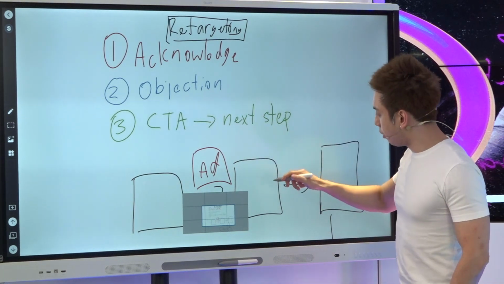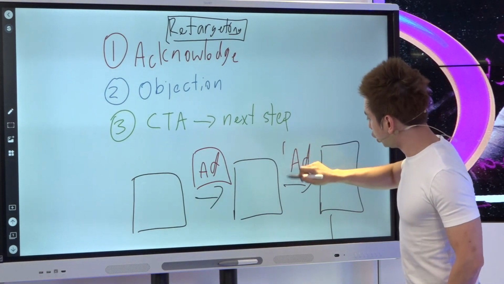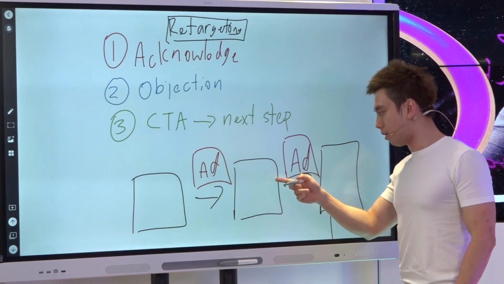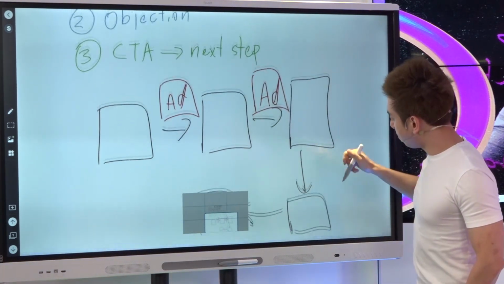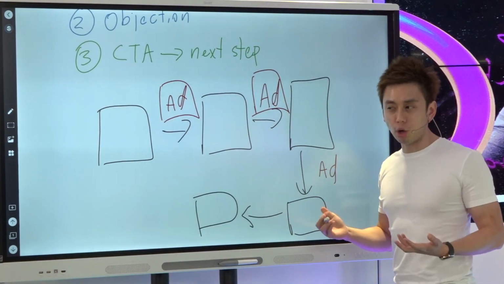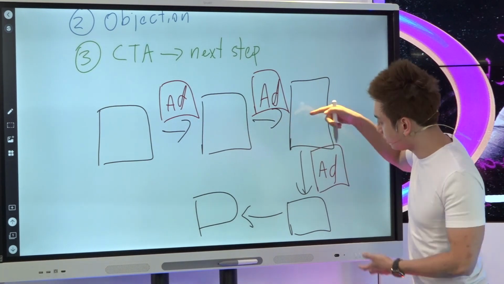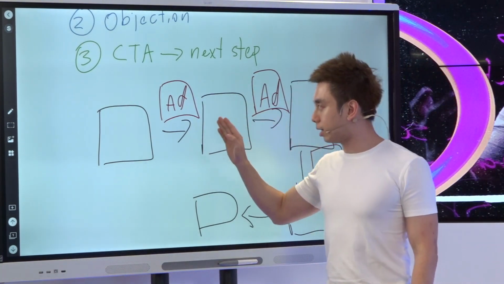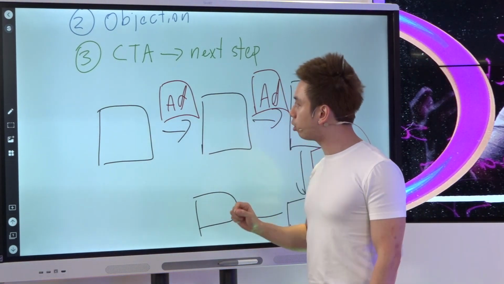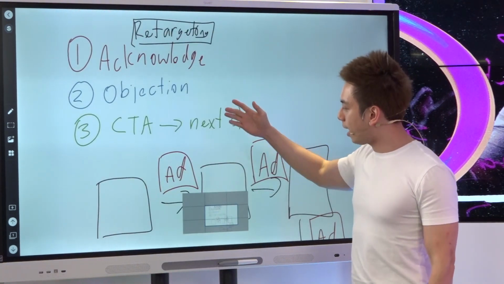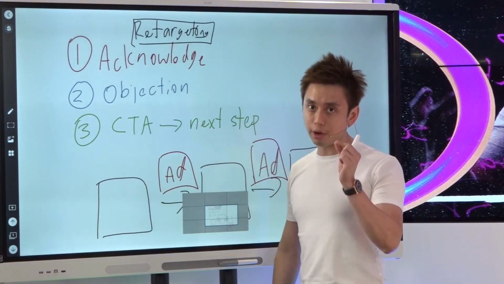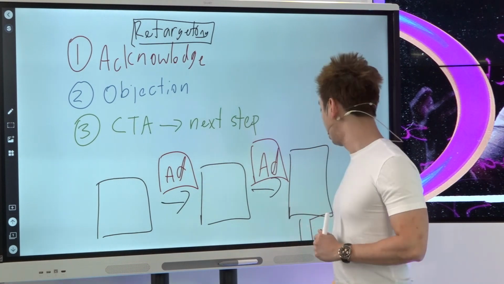Same thing if they registered but maybe they didn't show up. You want to have an ad to make sure now they show up. Maybe they showed up but didn't take you up on that offer or show up on a strategy call. You want to have an ad that sends them there. So because you're targeting a very small laser focused audience, that is how you'll be able to minimize your ad cost while maximizing your margins, right?